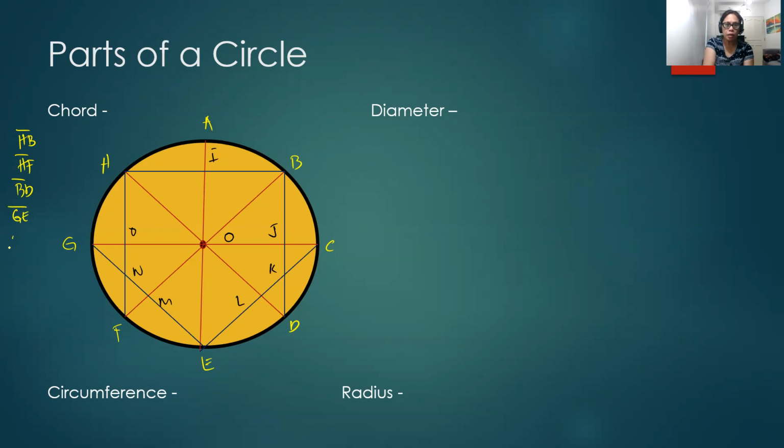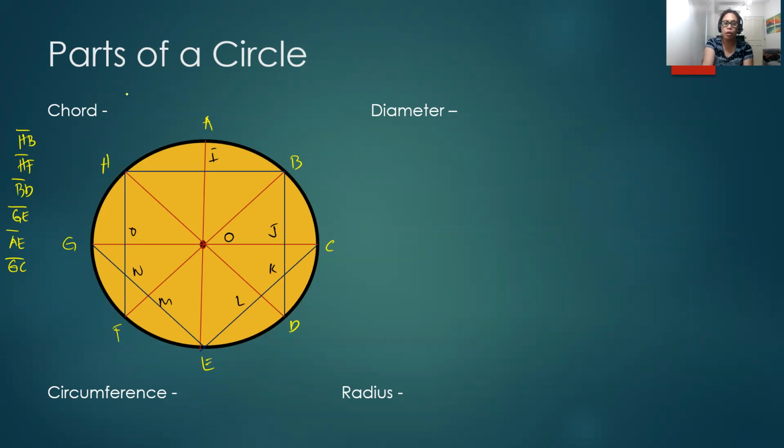Line segment AE is also a chord, as well as line segment GC, and many more. Looking at the endpoints of each chord here, for example HB, HF, BD, all these endpoints lie on the circle.